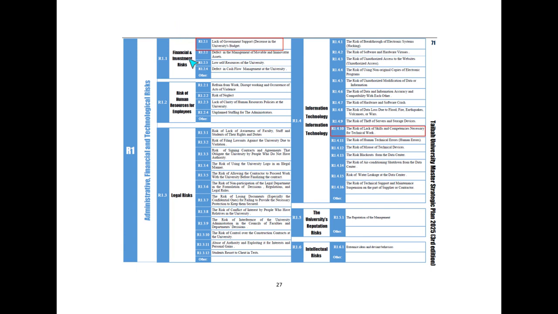We have a financial and investment risk, and this is related to the balanced scorecard that we have covered before. In terms of the financial, you recall we have 4 dimensions in the balanced scorecard. The risk here is lack of government support, decrease in the university budget. This risk could happen because the accreditation requires financial support and budget, and if for anything this happens and there is a lack, then you have a risk here.